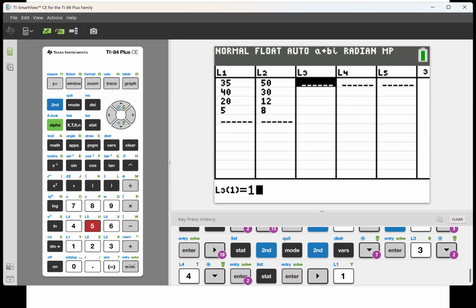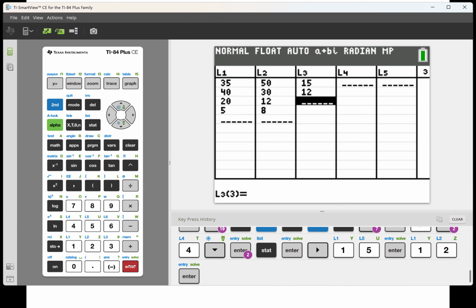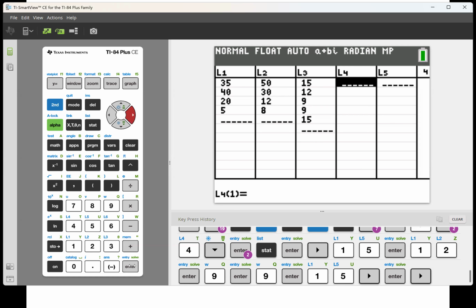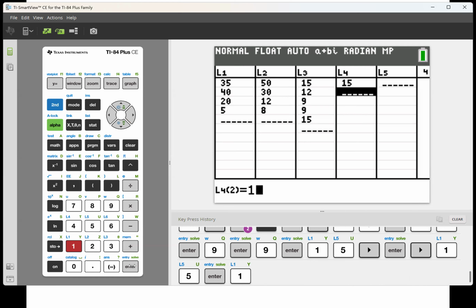Monday we observed 15, Tuesday 12, Wednesday 9, Thursday 9, and Friday 15. If absentees are equally distributed throughout the week, we would expect 15 for each day.